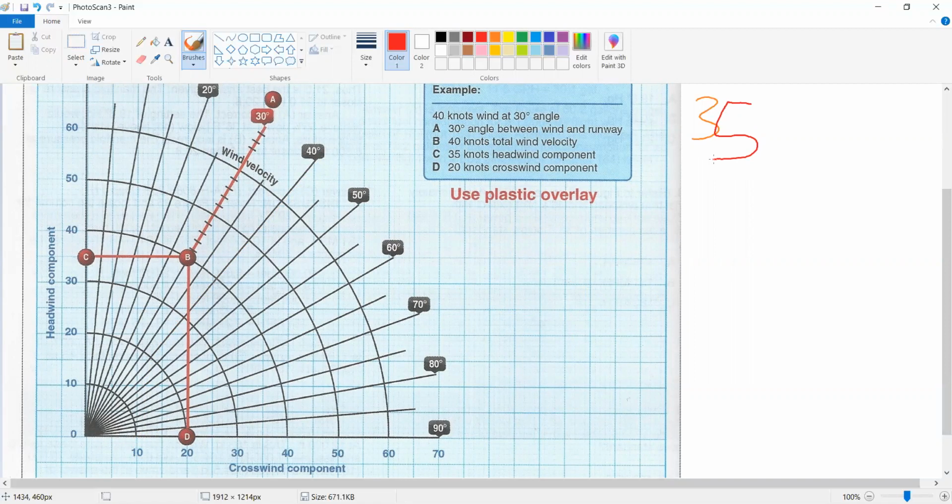So you have 35, which is south, which is 180, right? So we have to do 20 knots. So what's 20 knots? So 20 knots of 180, what would give us 20 when subtracted?